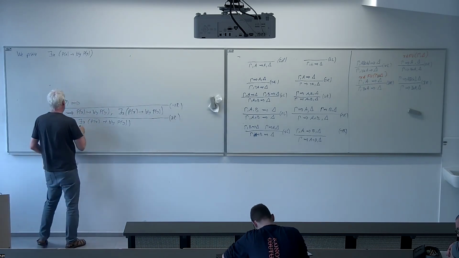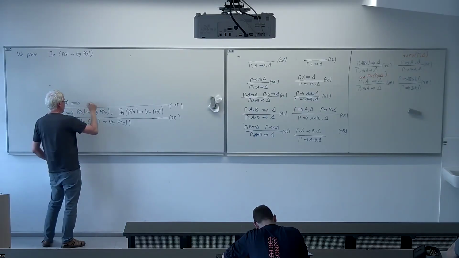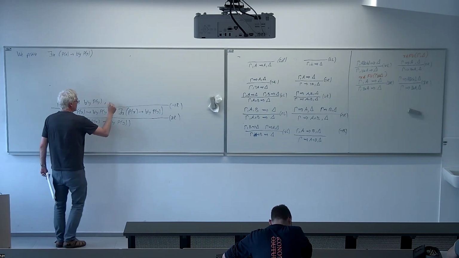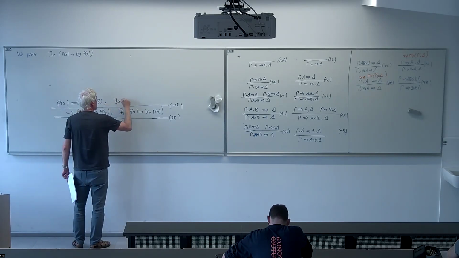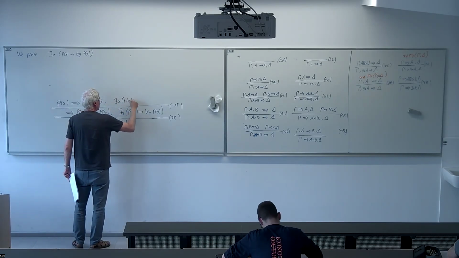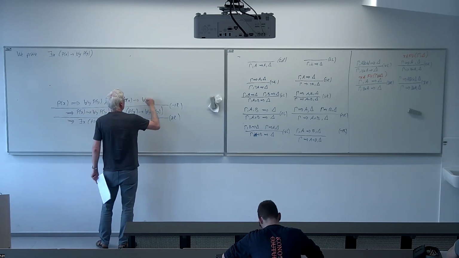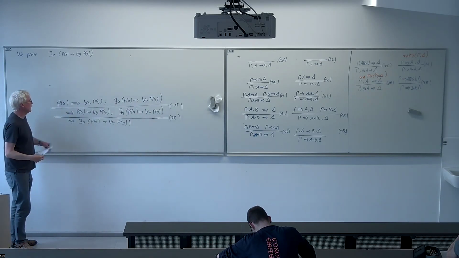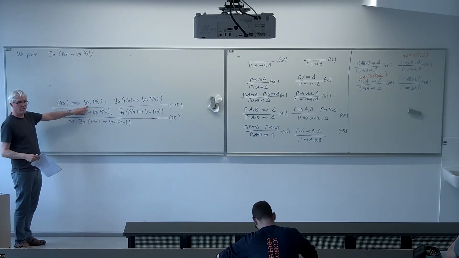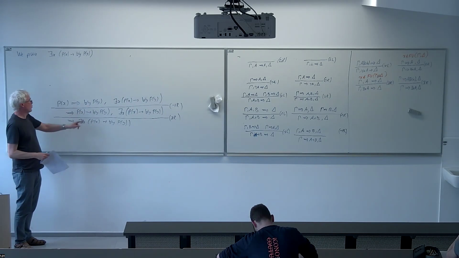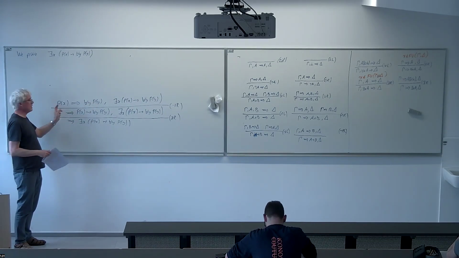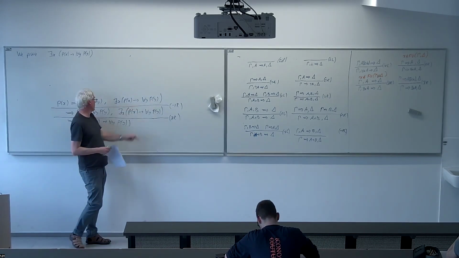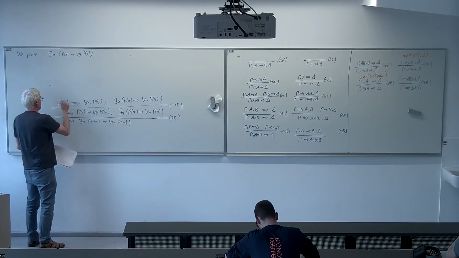On the left of the sequent, we have for all y py, on the right of the sequent, and there exists an x px implies for all y py. Now we've got a universal quantifier on the right, and y does not appear free in any of the other formulas. It appears here, but it's bound. So we can just remove the universal quantifier.